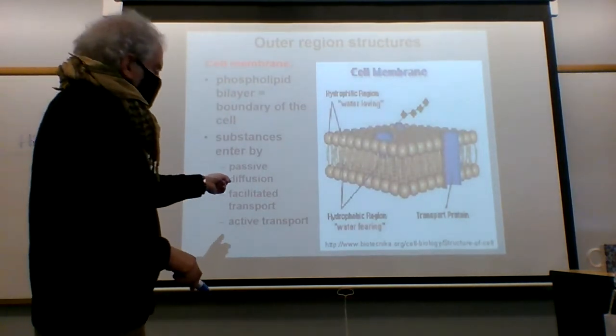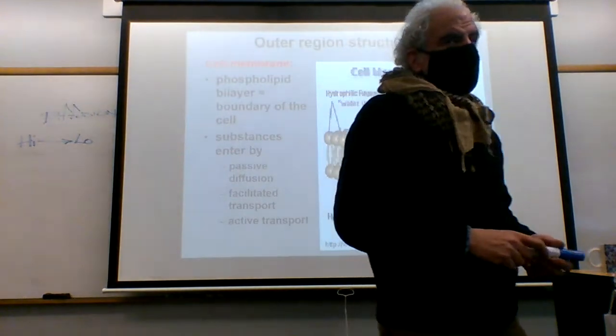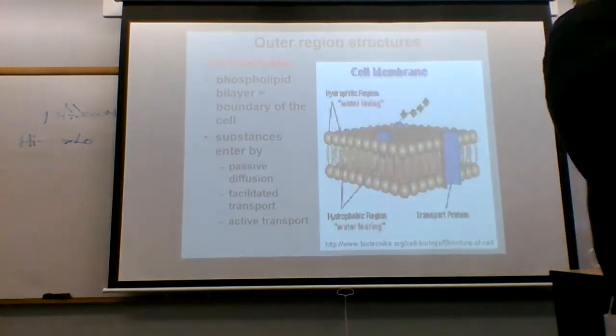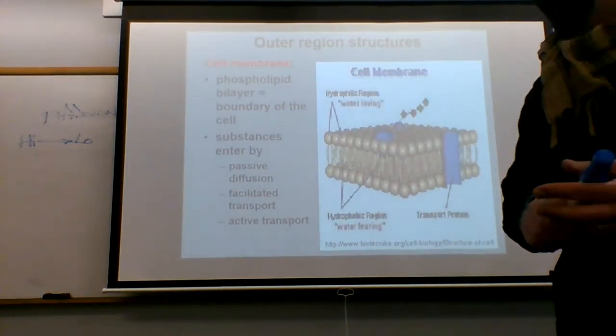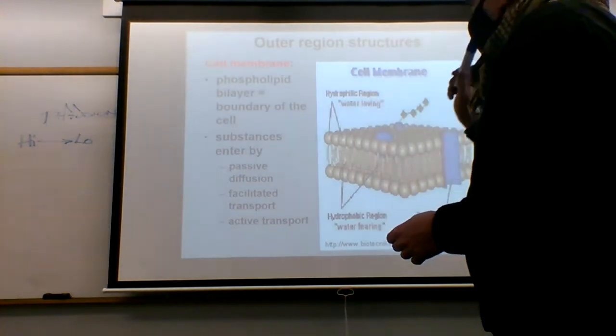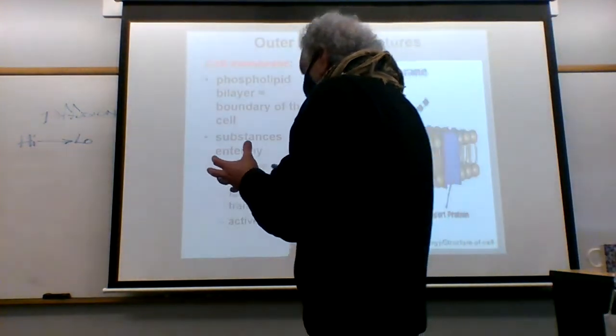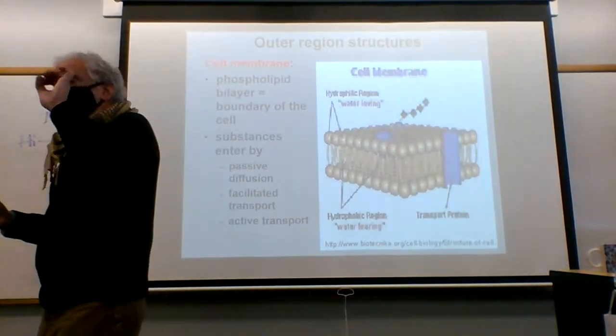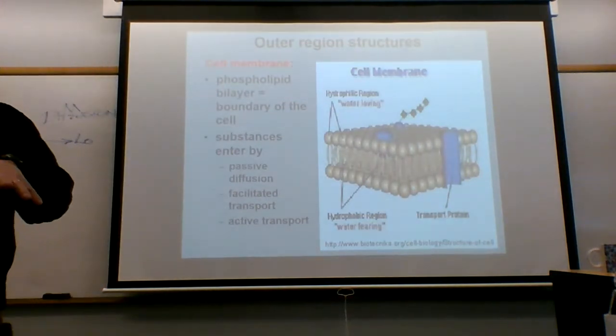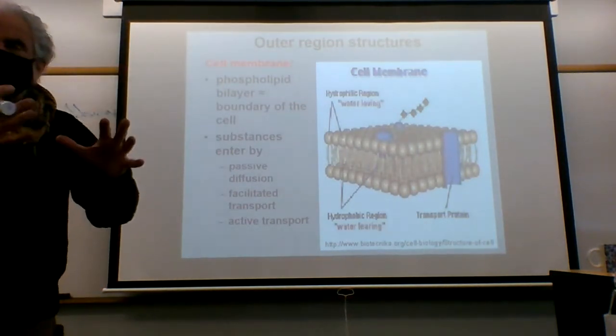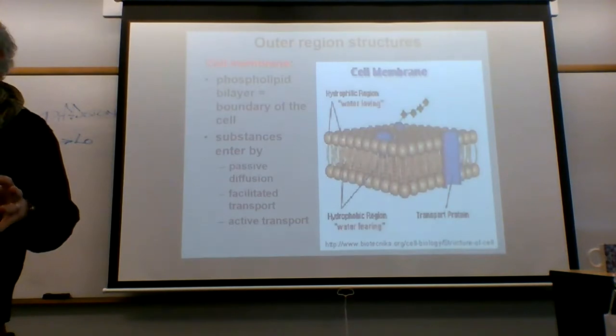And then we can also use ATP to actually pump stuff in and out against its gradient, and that's what's known as active transport. What this all means then is we can take a cell, put it into a media, and the cytoplasm isn't going to be contiguous with that medium.